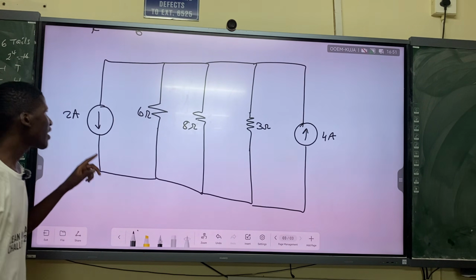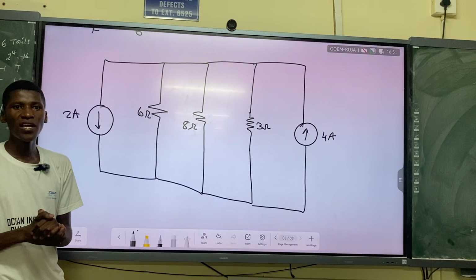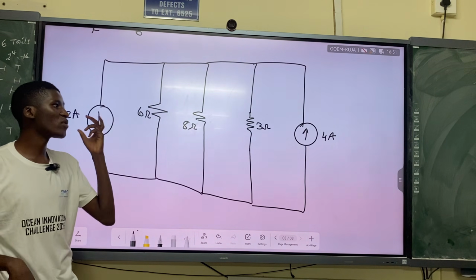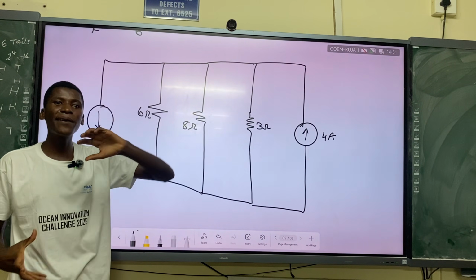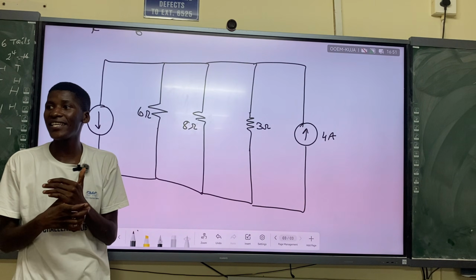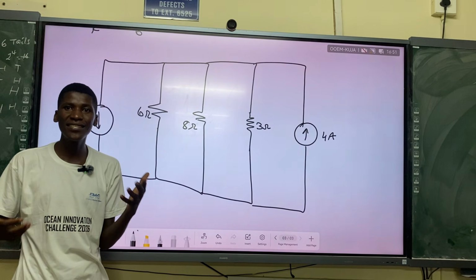Okay, so you can combine our 2 current sources into 1. Here you've got 2 amperes going down, and here 4 amperes going where? Going up. When it comes to combining currents, what is important? The direction. You choose one as positive, another as negative.